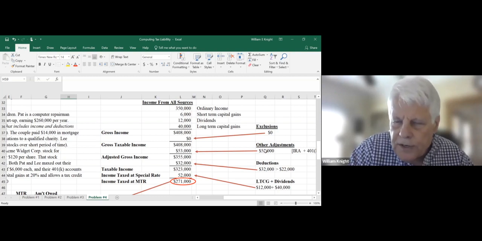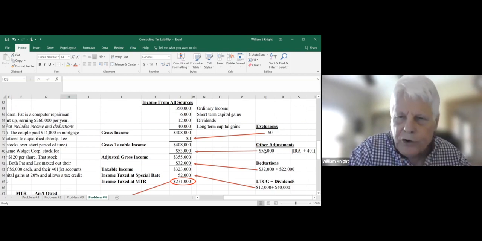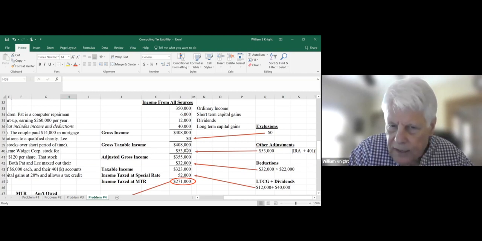Their adjustments, the total amount that they contributed to their traditional retirement accounts, that is their traditional IRA and their traditional 401k, was $53,000. So that's an adjustment. And so we'll take our gross taxable income, $408,000, and adjust that by subtracting the adjustments. And now we get $355,000 in adjusted gross income.